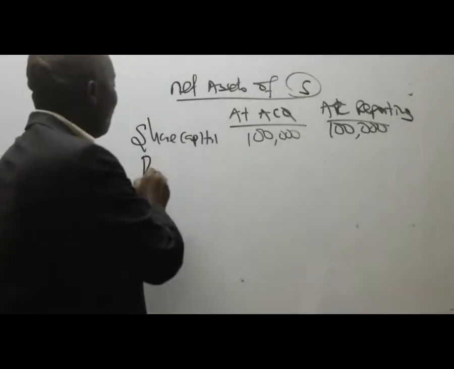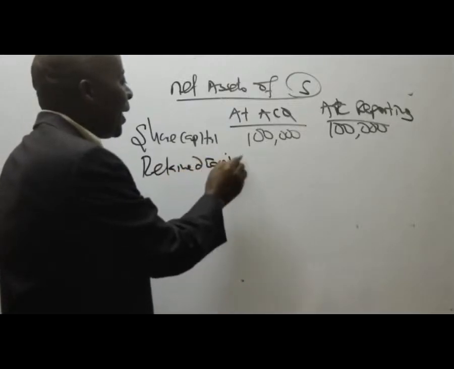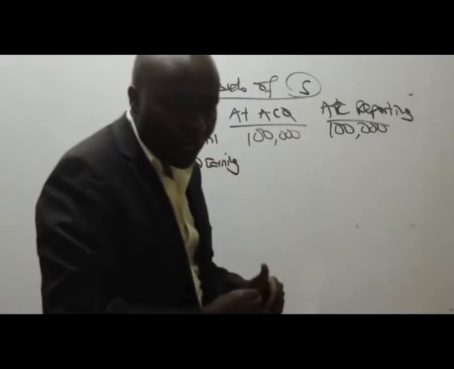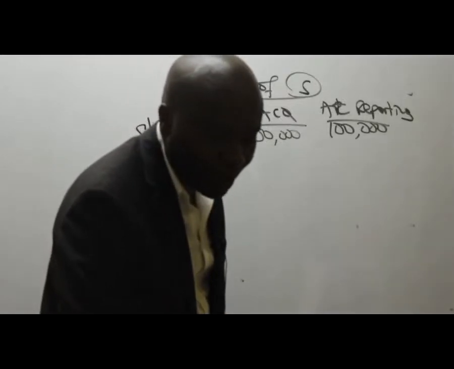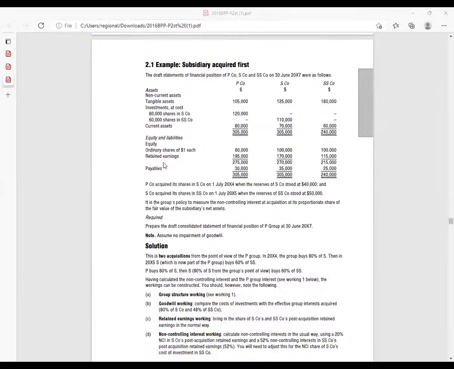From there, come and give me the retained earnings. Retained earnings, what do we have? These are retained earnings at reporting for S. For S at reporting, retained earnings is 170,000.